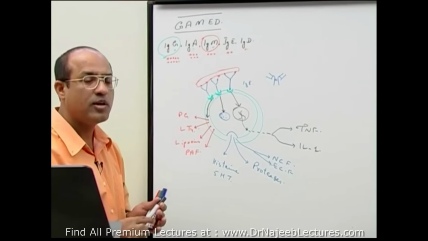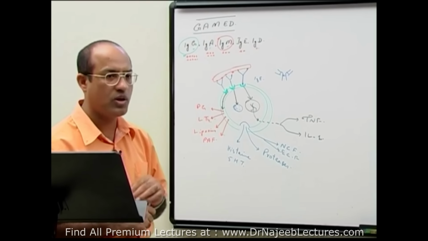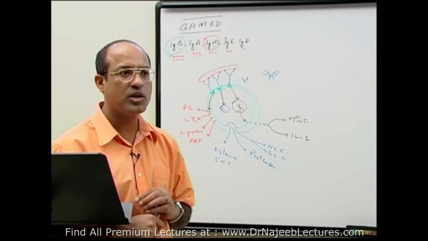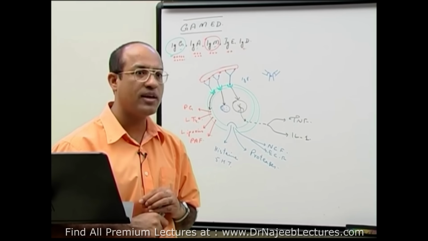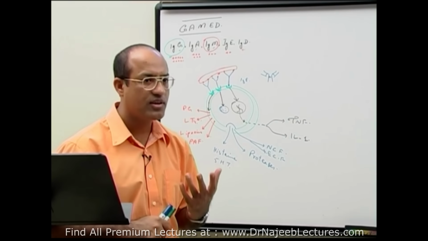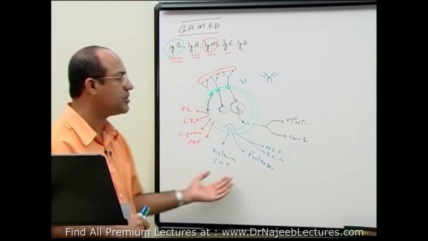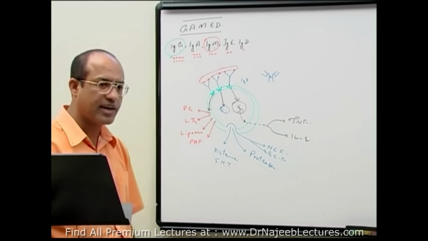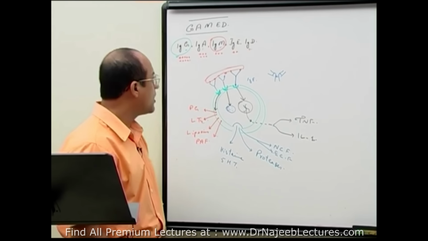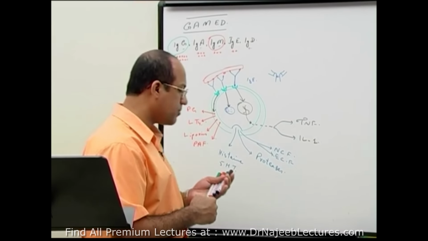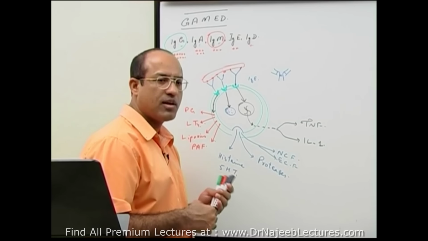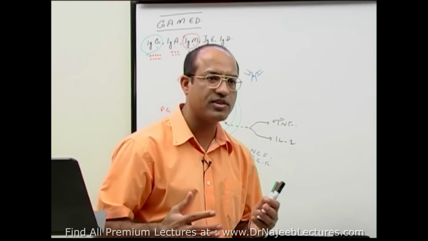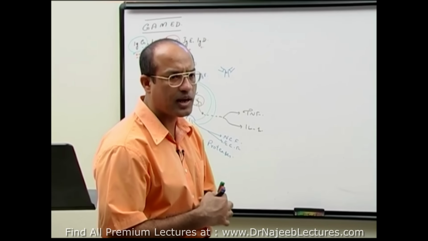So IgE plays a very important role in activation of mast cells and basophils during type 1 hypersensitivity reactions, during which all these chemical mediators are released into tissue and produce severe inflammatory reaction. Am I clear? Then IgE not only binds with mast cells and basophils, but also plays a very important role in defense against parasites, especially helminths.